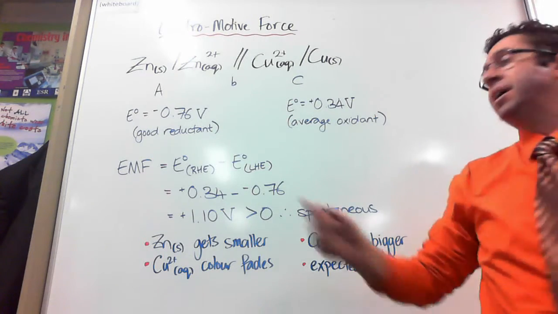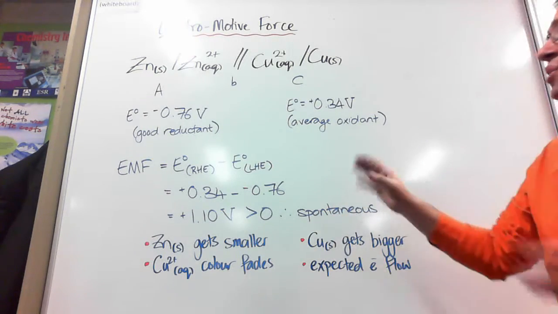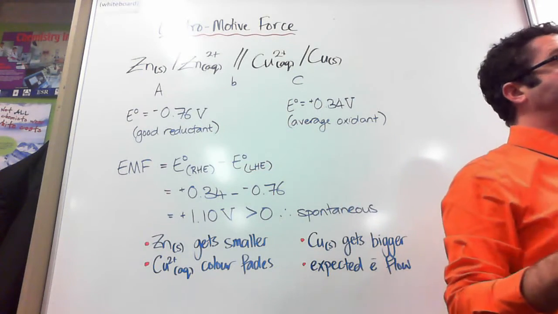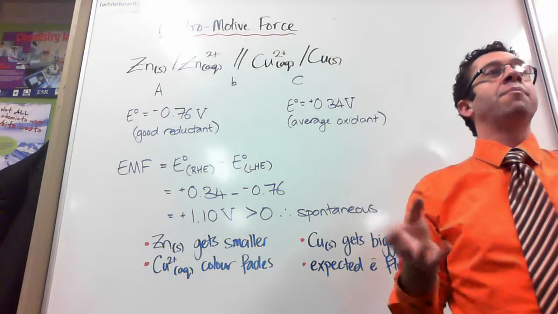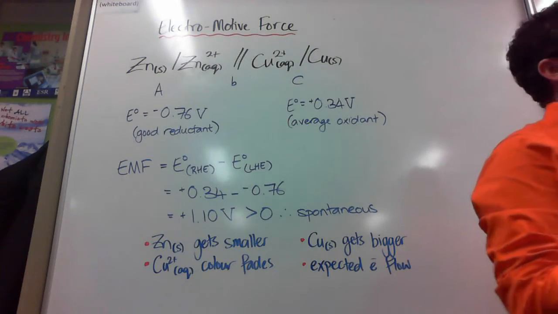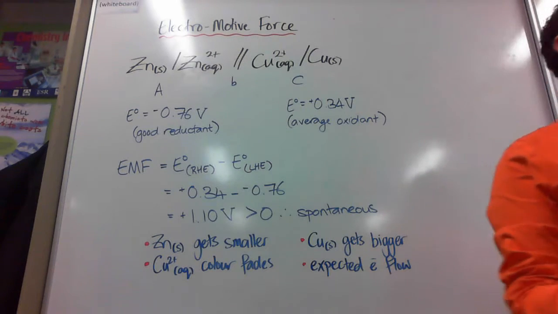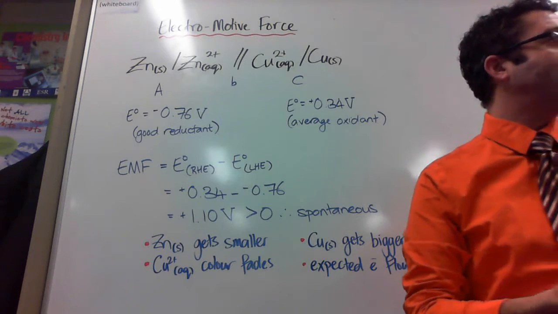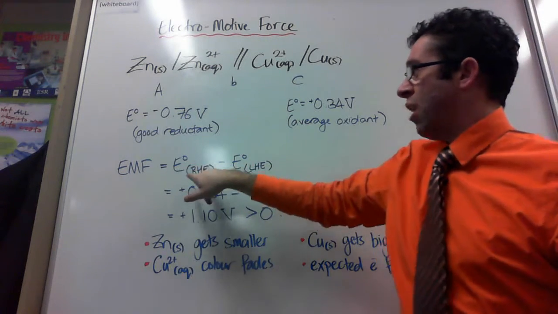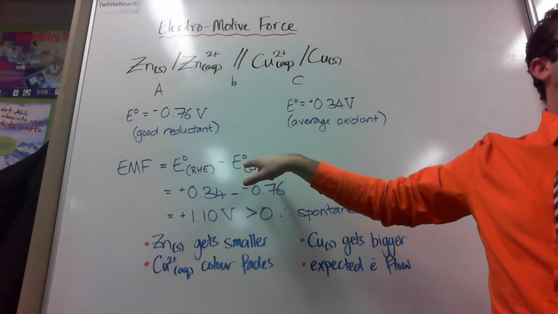I don't need to worry about changing signs, because the minus accounts for that already. Really what you're doing is finding the potential difference in the cell to find how much voltage it can make. It's easier to remember that EMF is right-hand electrode minus left-hand electrode.